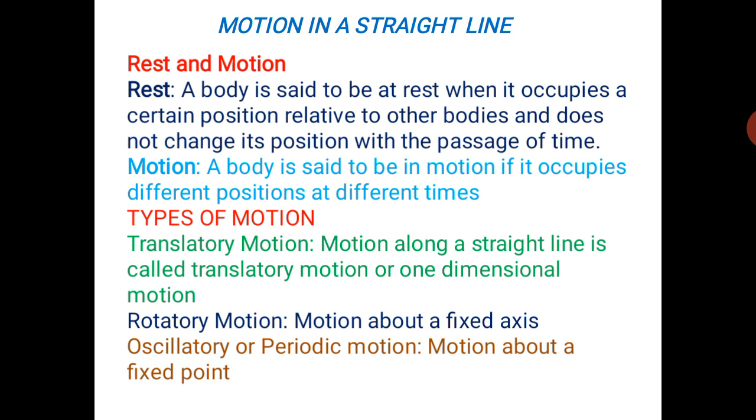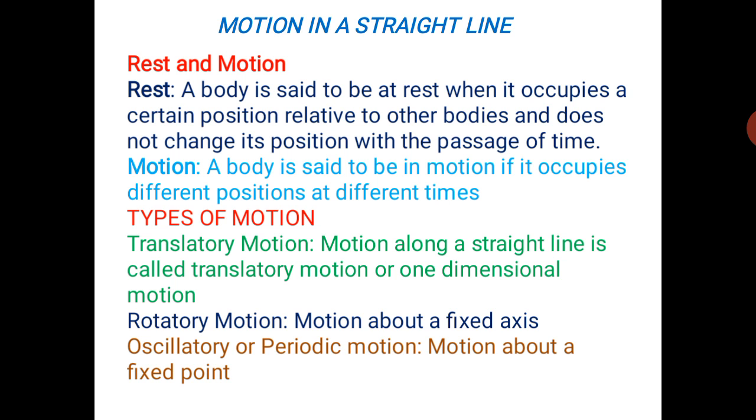If you disturb it, what happens? That massive object will start motion. But it will not rotate. It will only move through a certain part of the circle and again come back. So here we can say that the pendulum is oscillating. It is not rotating, it is oscillating.